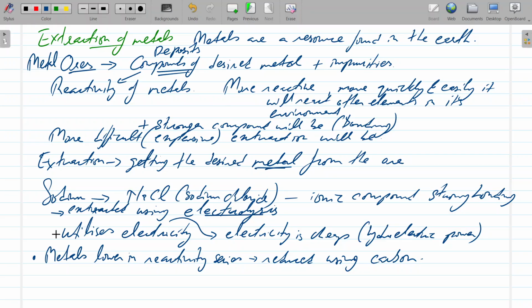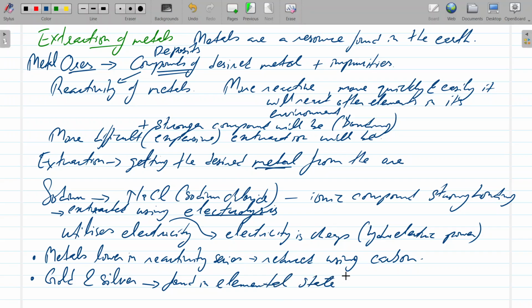And then you've got the metals such as gold and silver. And we know from the reactivity series that they're very chill. They're the chill guys. They don't react, and so they are found in their elemental state, unreacted.